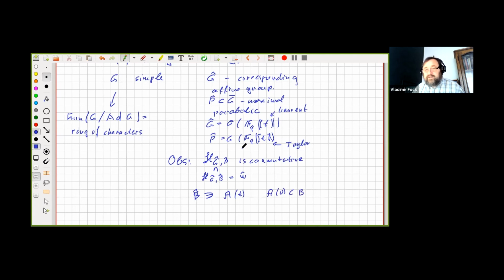So this is a kind of halfway. For the parabolic, I allow any value at 0, and for the Borel, I allow only upper triangular values at 0. So it's a finite dimensional difference between the two.